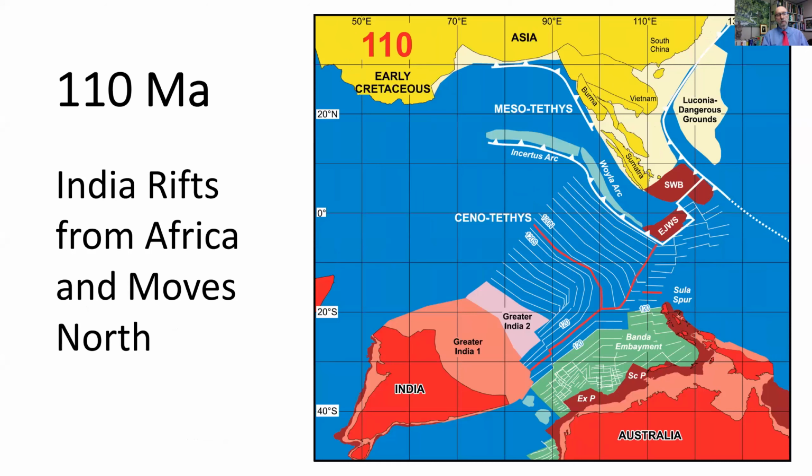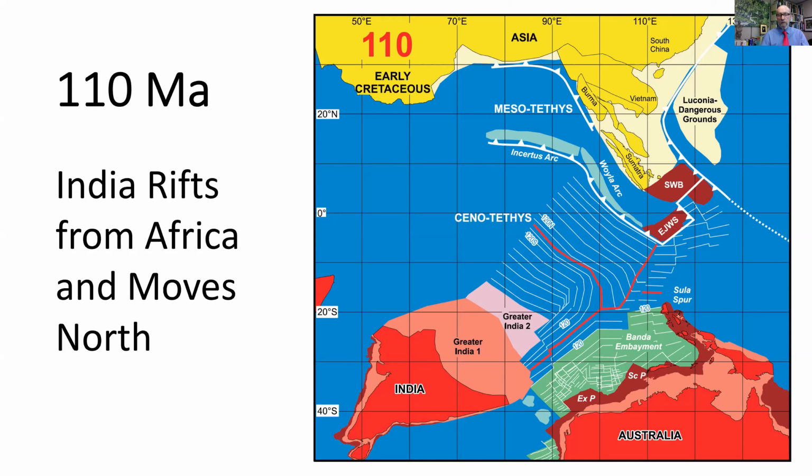At 110 million years before present, India rifts away from Africa and Australia and begins its journey to the north. And there's the initiation of a pair of subduction zones south of the Asian continental mass. You can see the beginning too of the extension of the Banda embayment in northern Australia.